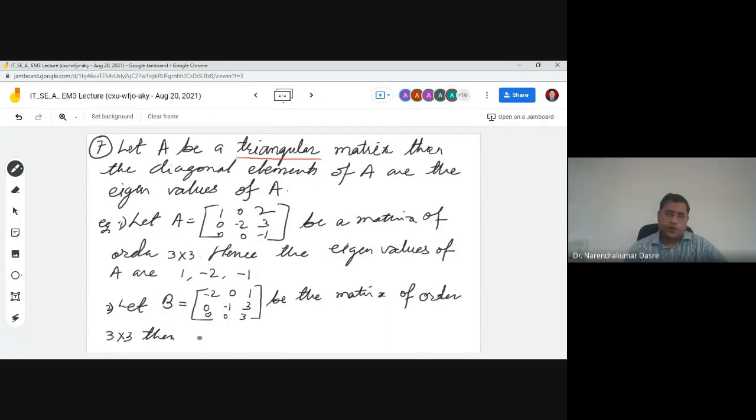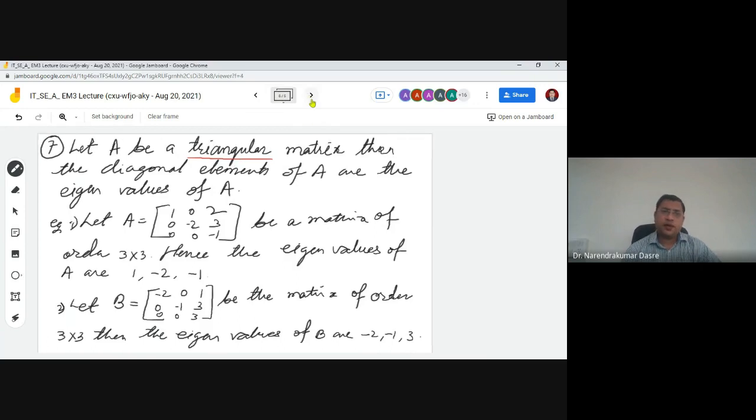Upper triangular matrix, correct. What will be the eigenvalues? Minus 2, minus 1, 3. So the eigenvalues of B are minus 2, minus 1 and 3. The same thing you can do with a lower triangular matrix also. So this way we got the eigenvalues of a triangular matrix.